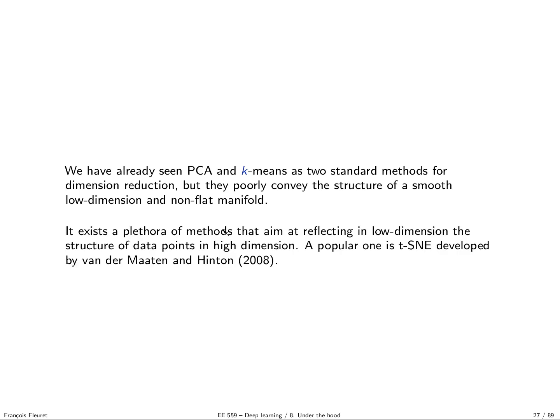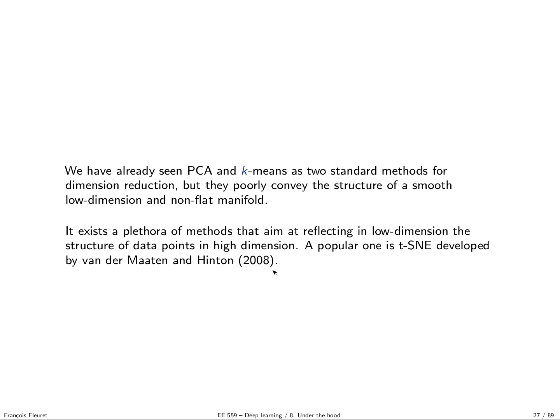So there are a lot of methods to do the same kind of dimension reduction in a more sophisticated manner, and mostly in a way that would be able to deal with curvature. So if you have, for instance, something which is on a cylinder, or on the famous Swiss roll, which looks like a sheet of paper which is rolled, there are plenty of methods to do this, and the very popular one these days is t-SNE, which was developed in 2008.